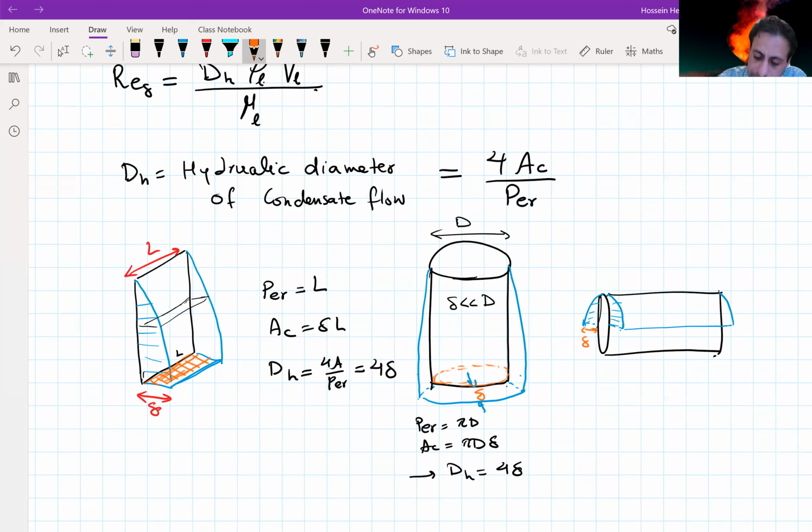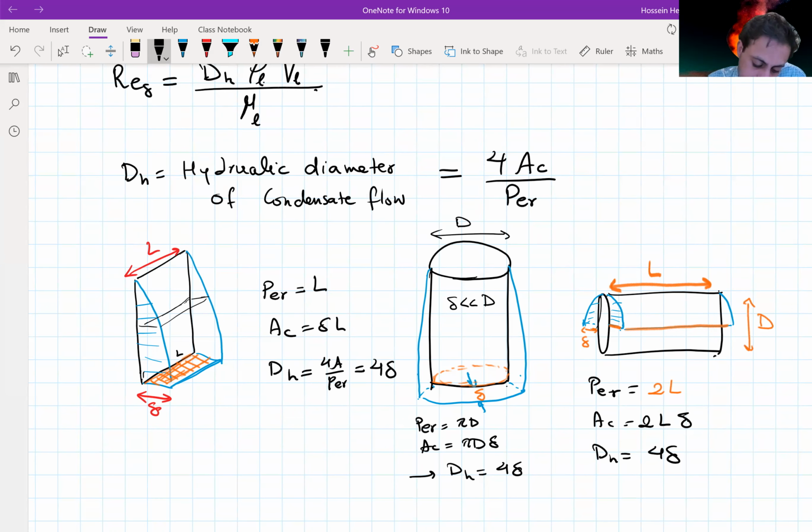So this is going to be delta, and if the length is L here, then if I look at this cross-sectional area, the sides that are going to be wetted by this cylinder are going to be 2L, 1L on this side, the other L on the other side. And let's say this is D. So the cross-sectional area is going to be this 2L delta, and Dh is going to be 4 delta.